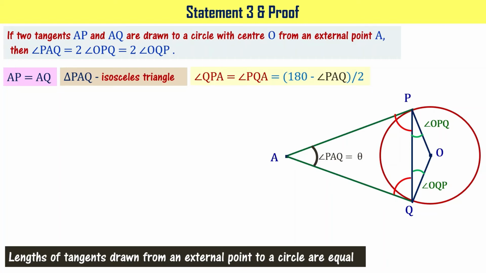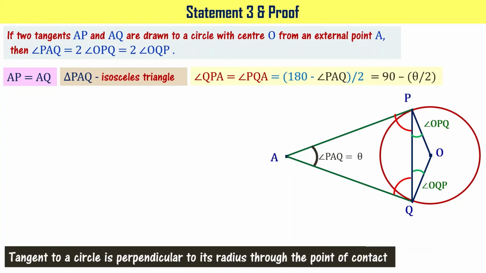Here angle PAQ is the third angle of the given isosceles triangle, right? Let me write it as 90 minus theta by 2. I have denoted angle PAQ as theta, right? It means 180 degrees minus angle PAQ divided by 2 can be written as 90 degrees minus theta by 2, right?